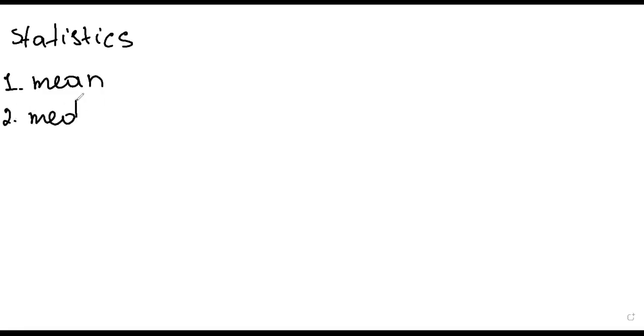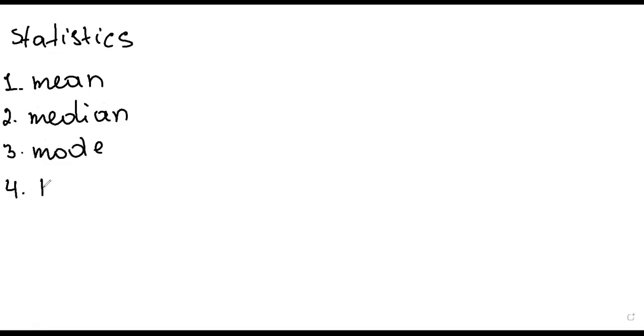What are these concepts? Let's write them one by one. Statistics. The first one will be mean. Second, median. Third, mode.